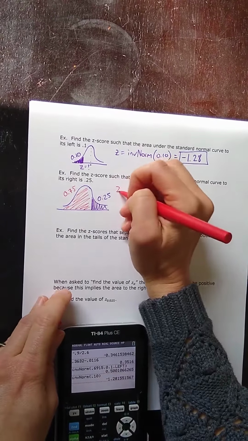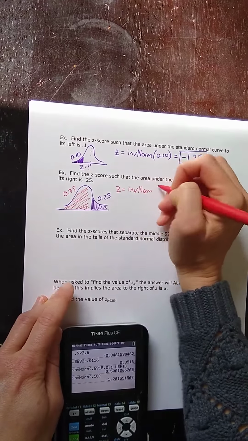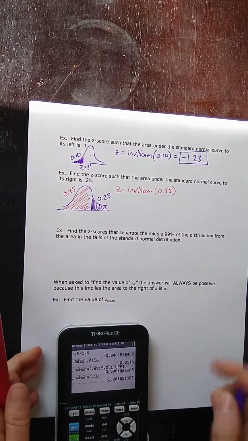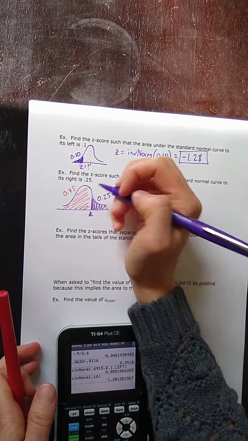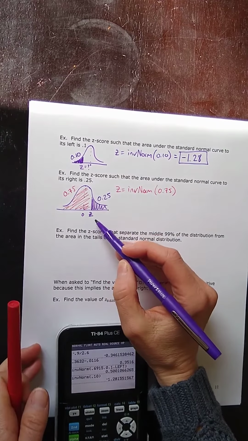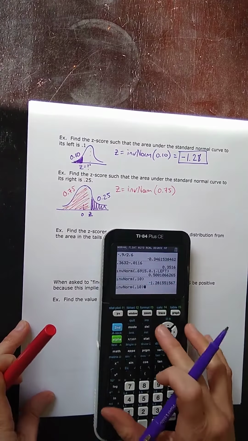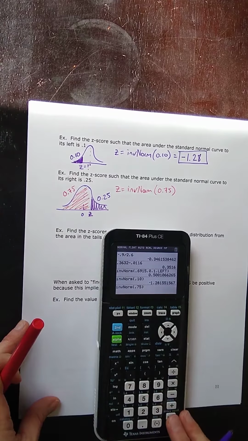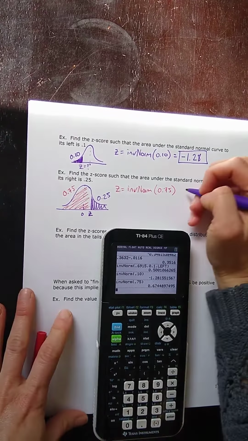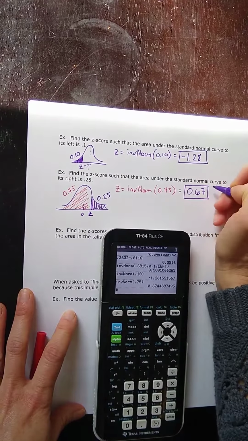So your z is going to be inverse norm of 0.75. Should this z be positive or negative? Well, if there's the 0, this z is to the right, so it should be positive. So when I do inverse norm of 0.75, I get positive 0.67. So that is my z.